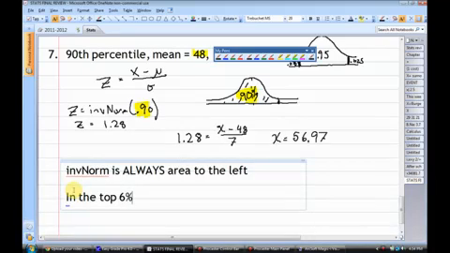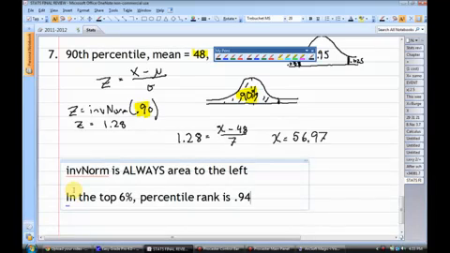What's the percentile rank of the top 6%? It'd be 94. Inverse norm 0.94. Percentile rank is 0.94. So you always have to go by percentile rank. You cannot go by the top 6%; percentile rank is 0.94.